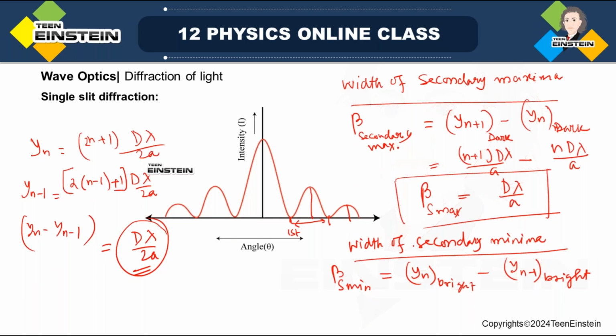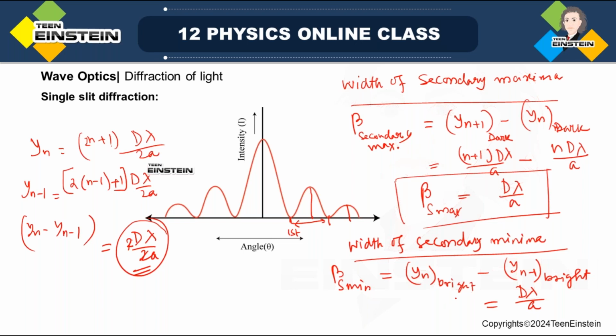So for the width of the dark fringes, okay, just a minute, I think there will be 2 here, so this will be 2 d lambda, okay, this difference, so ultimately d lambda by a. So this also will be actually d lambda by a.